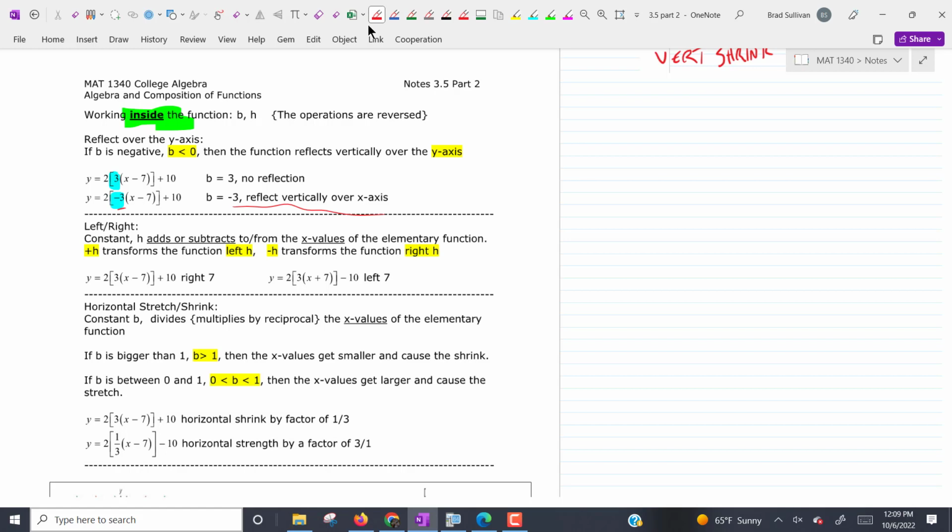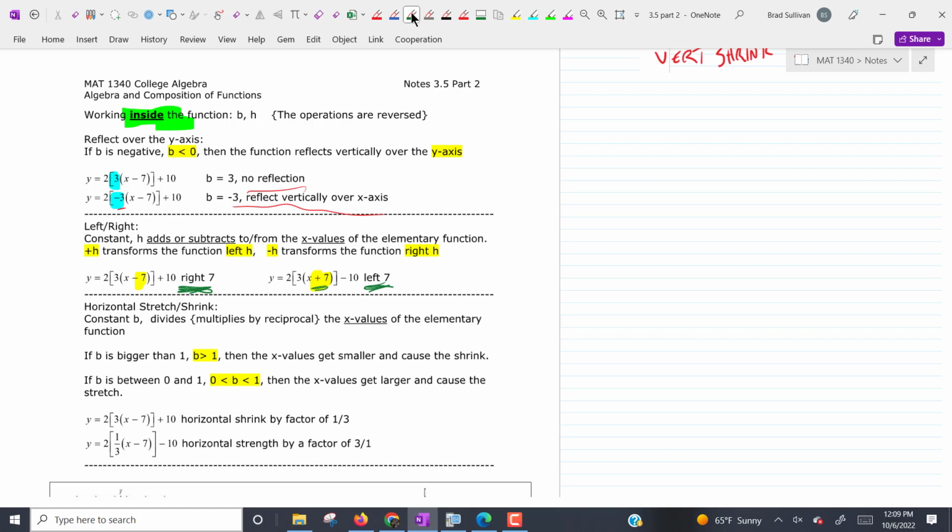If that's a positive 3, there's no reflection. Now we're reflecting over the y-axis. Left, right. This is what we're looking at here, this -7 and that +7. You're inside of the function, with the x, so -7 takes you to the right 7, +7 takes you to the left 7. Everything is totally backwards when you're inside the function.